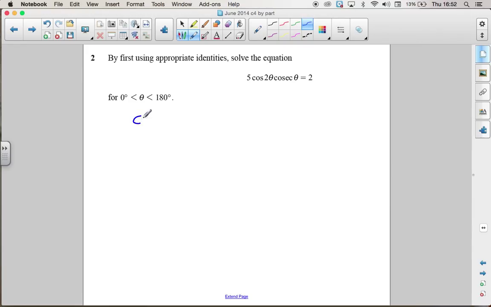And the identity that we're going to use is that cos 2 theta equals 1 minus 2 sine squared theta, as well as the fact that cosec theta equals one over sine theta.